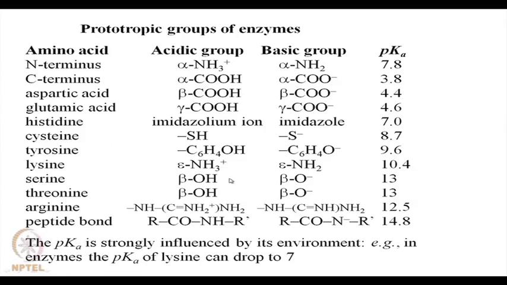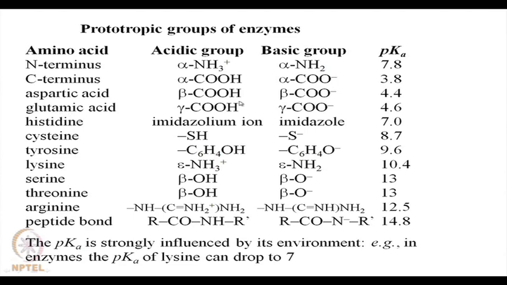So, let us look into the prototropic groups that are present. N-terminus amino acid: it is alpha NH3 plus, the basic form is alpha NH2, and pK is around 7.8. C-terminus: it is alpha COOH, the basic group is alpha COO minus, and it is 3.8.